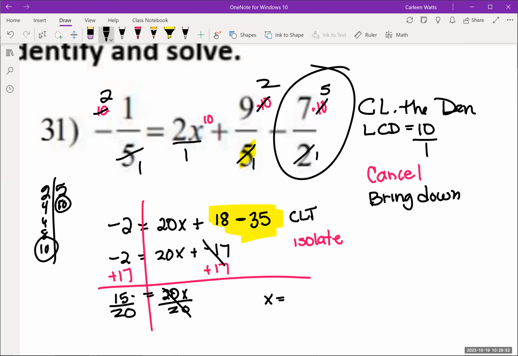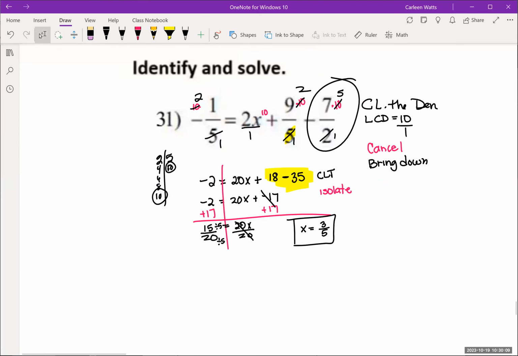I'm going to reduce, equals 3/5. Now, if you're coming in to take your exam, I will also show you how to reduce using the calculator, using the ABC button. 3/4. Thank you. Oh, very good. 3/4. My bad.